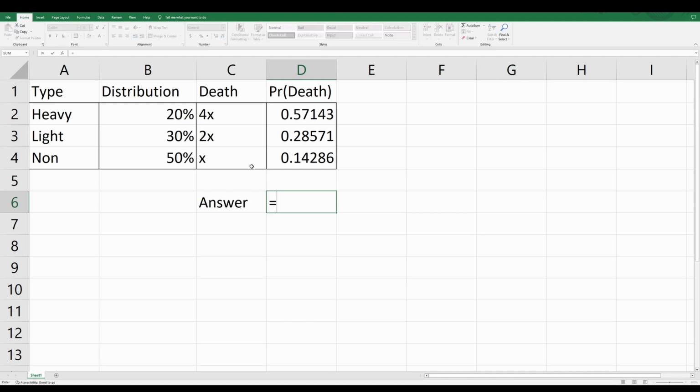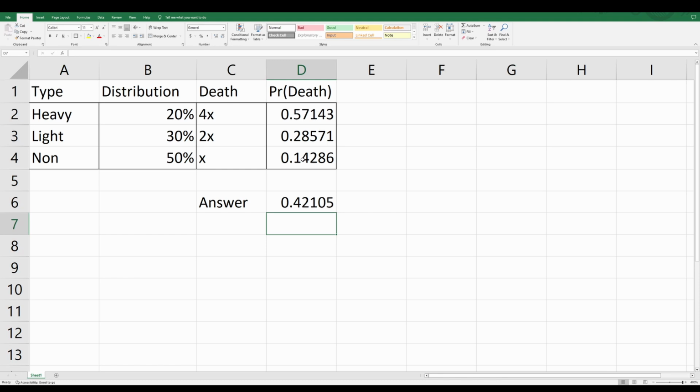So the probability that they are a heavy smoker is going to be the probability of death of a heavy smoker multiplied by the chance that the randomly selected person is a heavy smoker, divided by, and you can do this two different ways formulaically, but the more brute way is to multiply each of these distributions by the probability of death, plus the light smokers, plus the same thing for non-smokers. And this is how we get our answer.